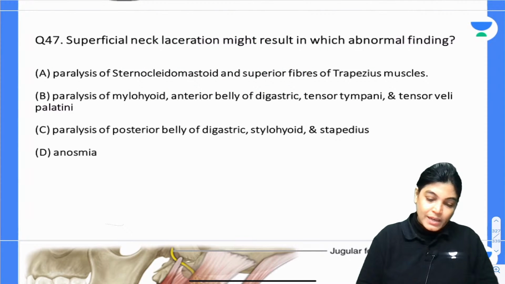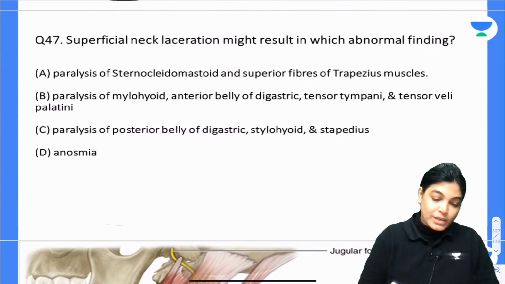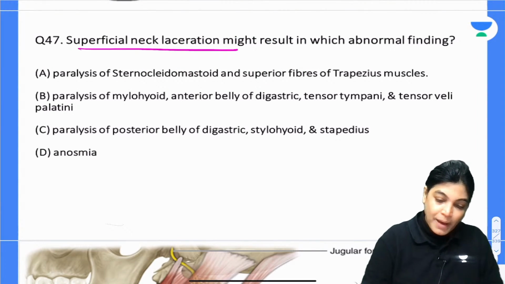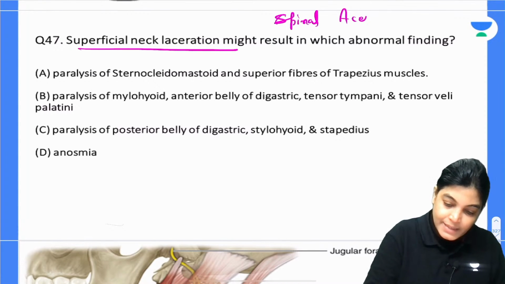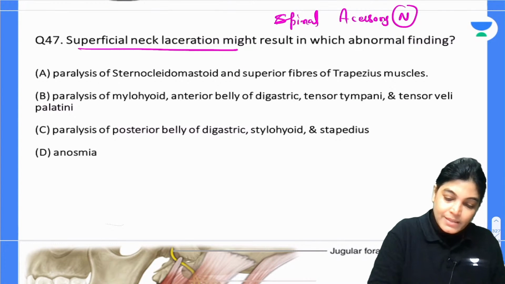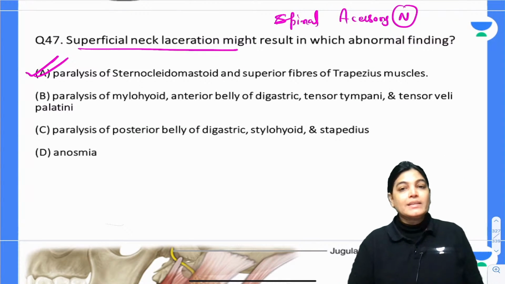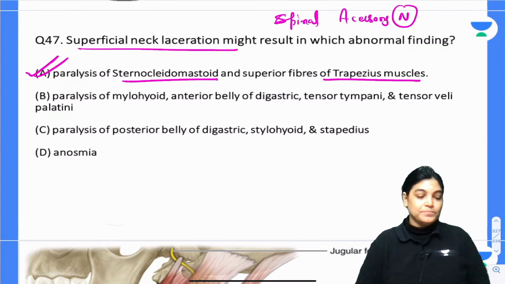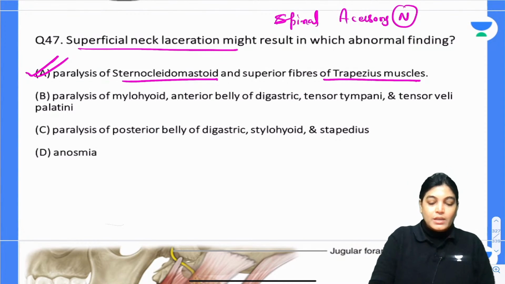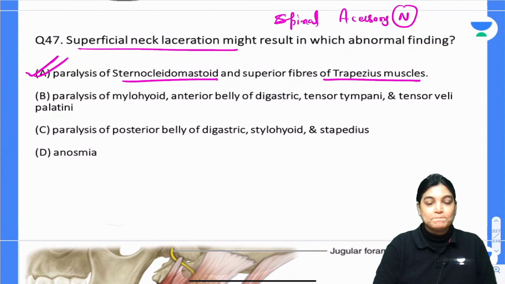My dear aspirant, the correct answer is that superficial neck laceration leads to paralysis of the spinal accessory nerve. When the spinal accessory nerve is involved, it will lead to paralysis of the sternocleidomastoid muscle and the trapezius muscle.